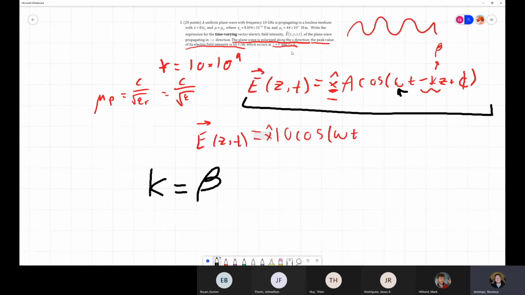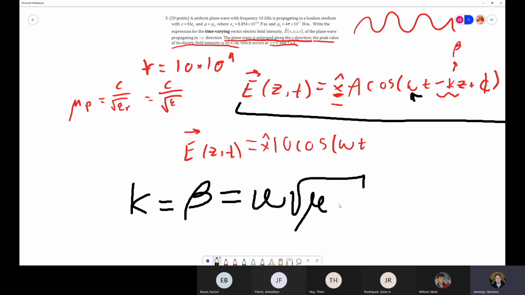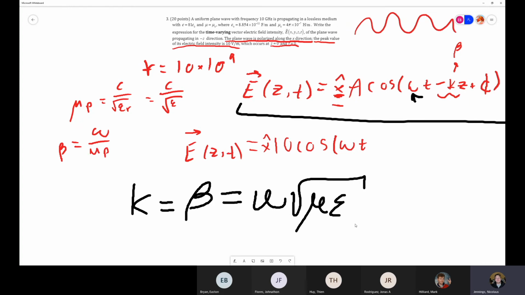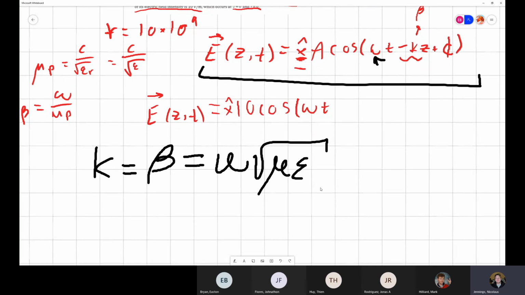Yeah, I think all we're told is that it's equal to omega square root of mu epsilon. I think so. Yes, the speed of the wave propagation, exactly.